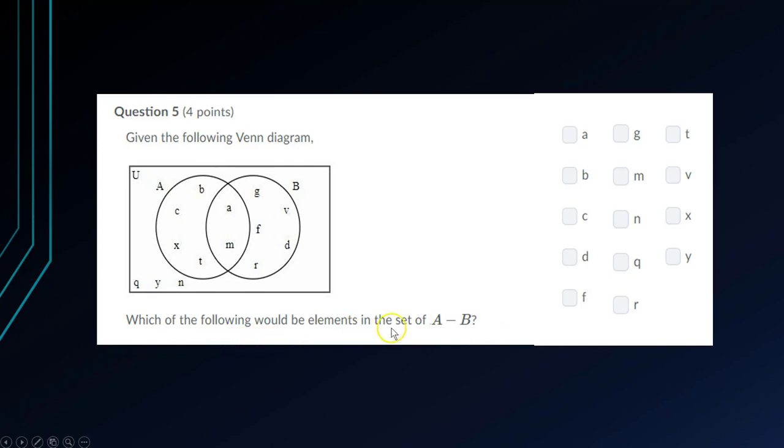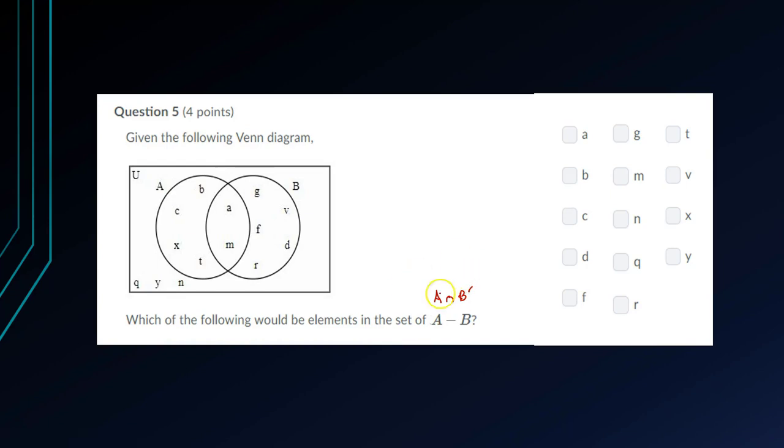When I look at the set A minus B, now this is set subtraction. In set subtraction, this is basically being read as A but not B. Essentially, and as also was discussed in the lessons, this statement is logically equivalent to this here.